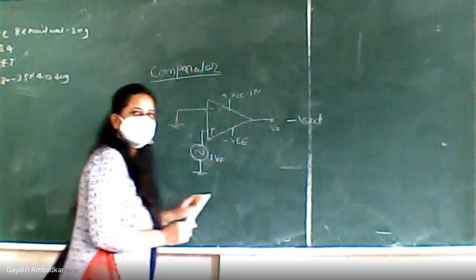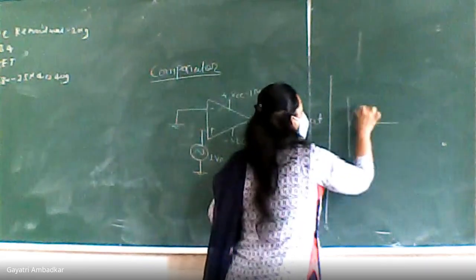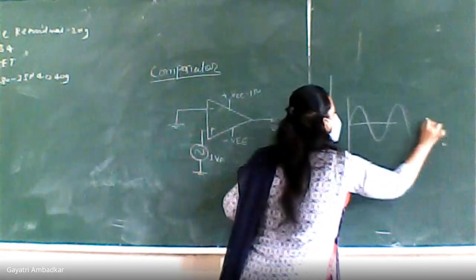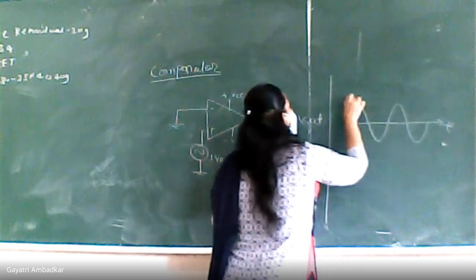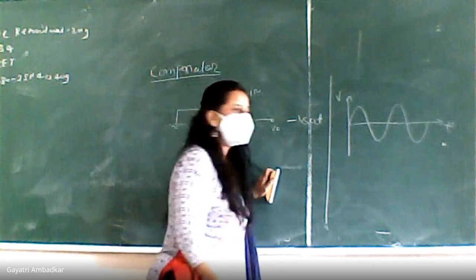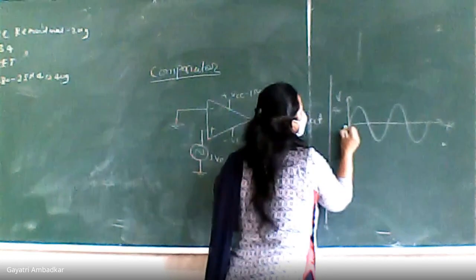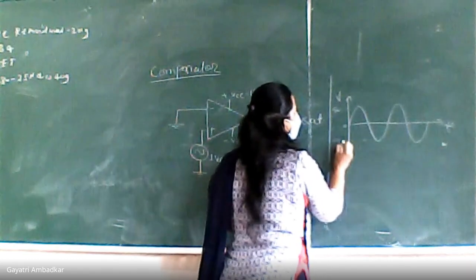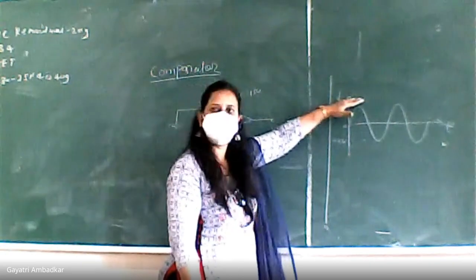Understand this thing? What is peak? Peak to peak. I have this signal, this waveform, and I want to measure voltage. So suppose this is 5 volt, 0, and this is minus 5. I can measure the peak from 0 to the higher peak.